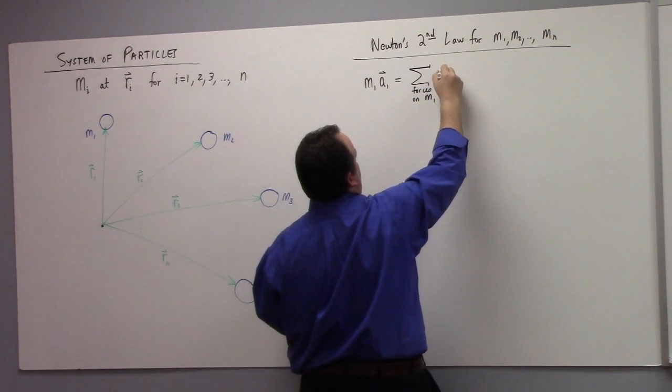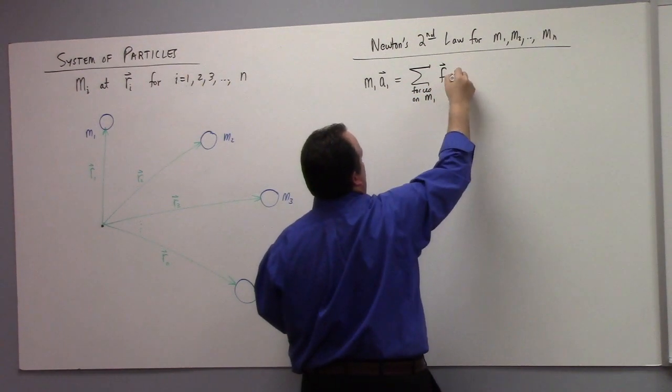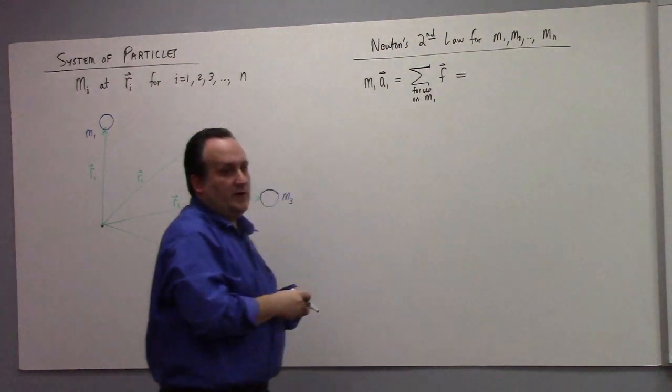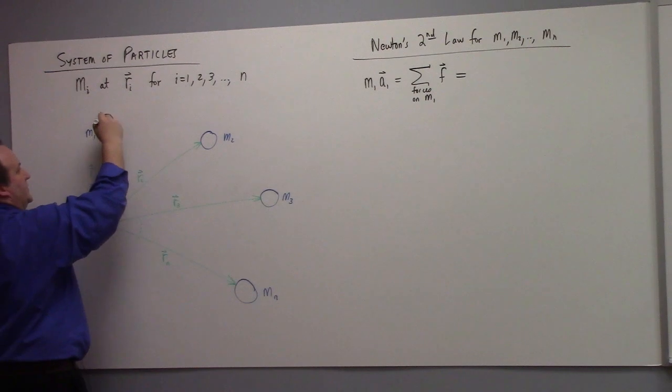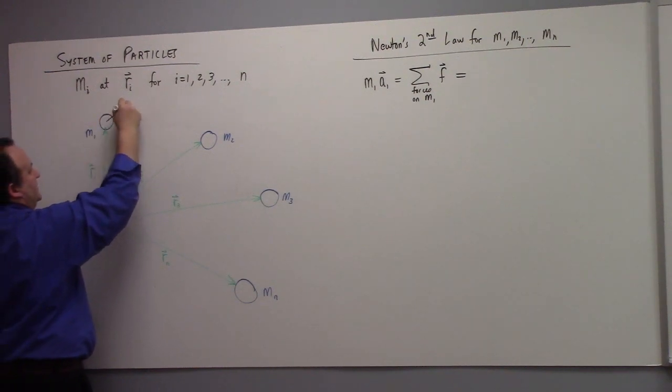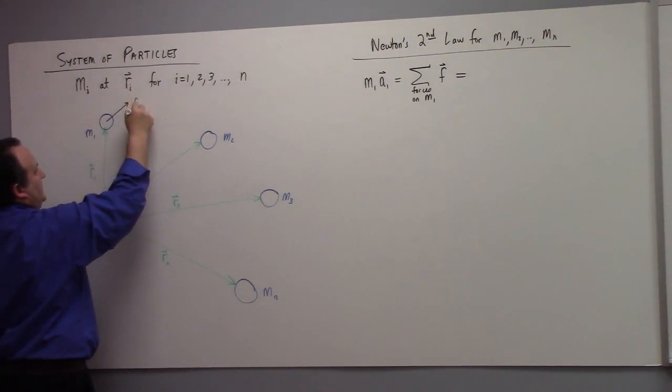Now I can break that up. What are the forces on m1? There's a few different things going on. First of all, there's what I might call an external force on 1.